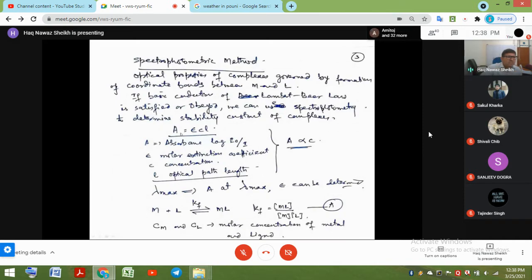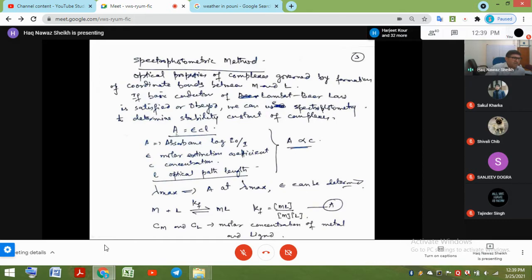What are the units of the molar extinction coefficient? As you know, the absorbance is unitless because it is the ratio of the intensities, log I0 by I. So it's unitless. However, the molar extinction coefficient is not unitless. It has the unit of concentration inverse and centimeter inverse. So it is 1 by Cl.